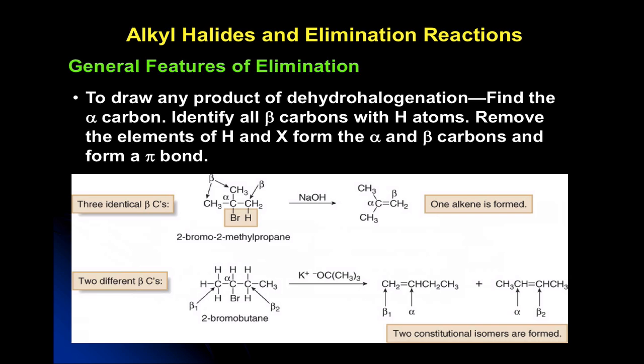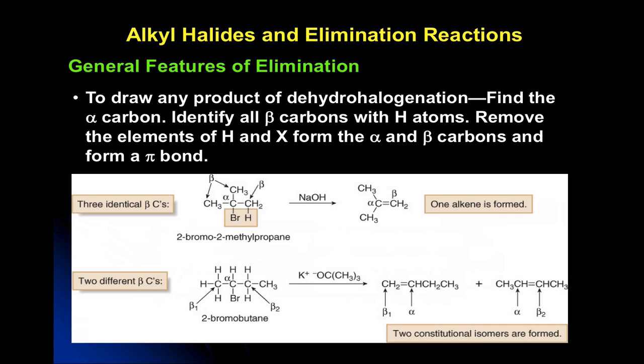However, if you look at this molecule, are the 2 beta carbons the same? No. And how are they different? This beta 1 is what kind of carbon? It's primary. It is a methyl group, right? But it's primary because it's bound to only one other carbon.